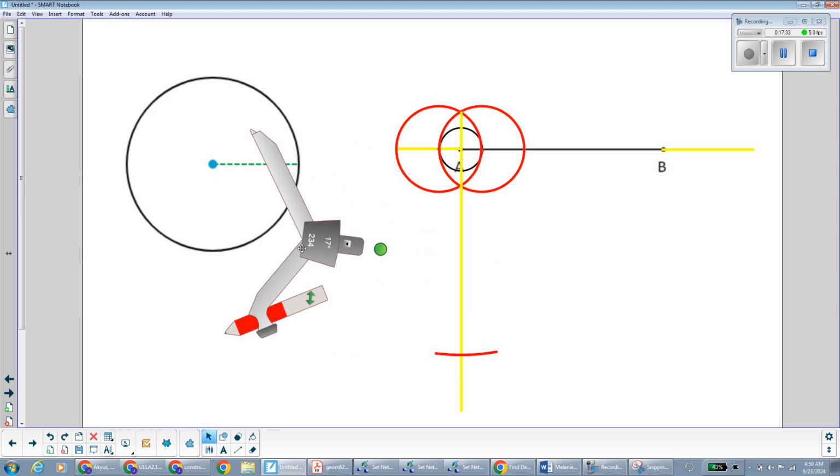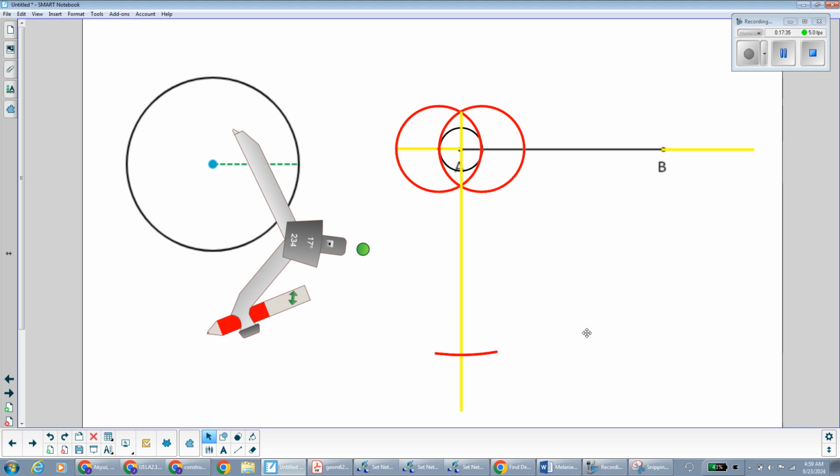And that should be point D, because A, B, C, D.